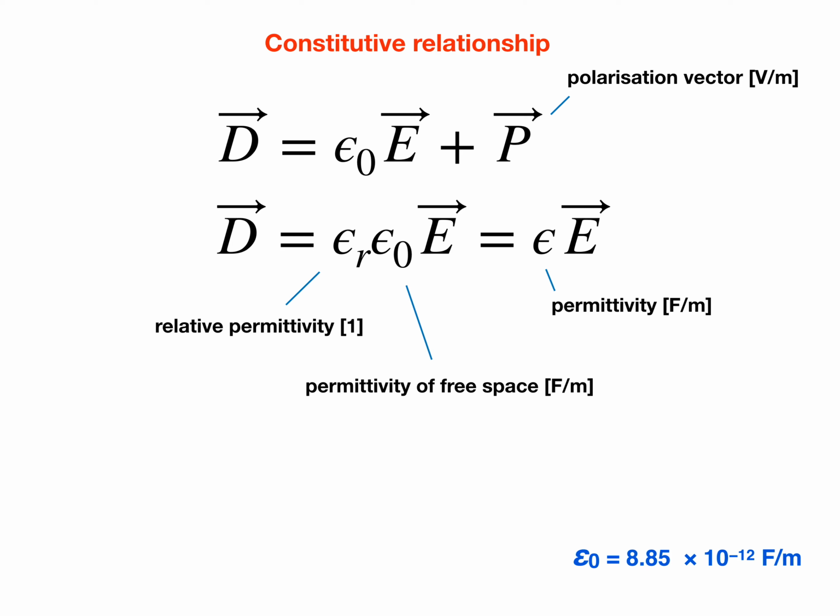Here epsilon R is the relative permittivity with a dimension of unity. Epsilon naught is the permittivity of free space measured in farad per meter. Epsilon is the permittivity of the medium, also measured in farad per meter. Epsilon naught has the value of 8.85 times 10 to the minus 12 farad per meter.